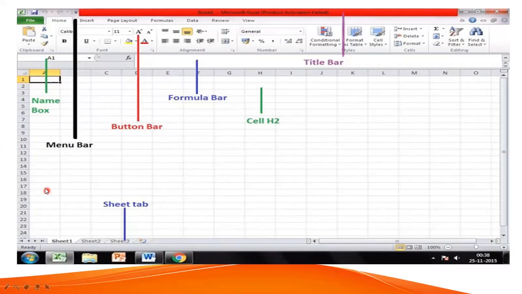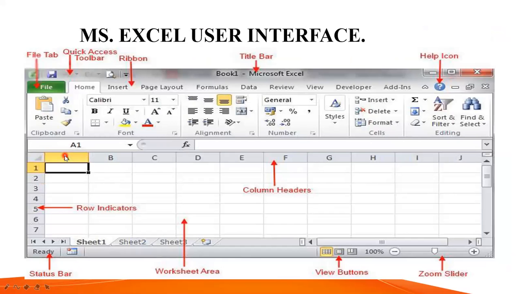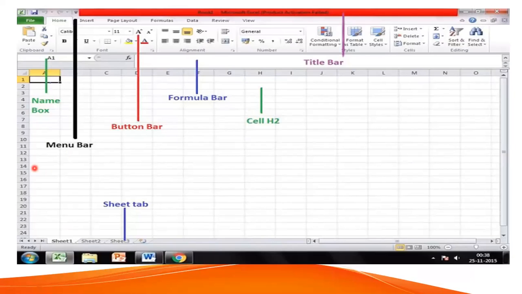Let's suppose I am on this cell, row number 14 and this column. The cell address will be B14. If I'm at row number 15 and column C, what will be the cell address?